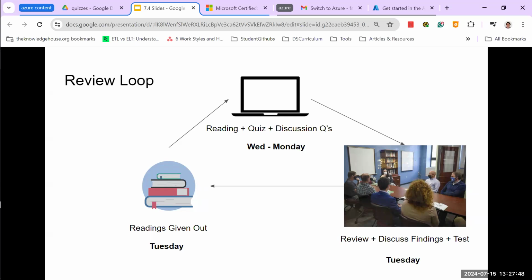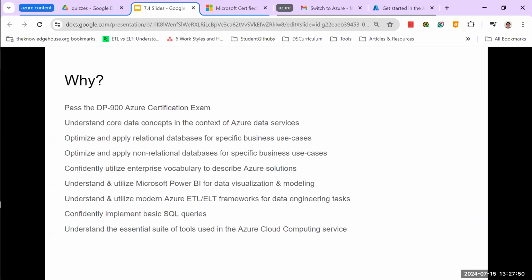Now, before we go any further, let's just talk about why. What's the purpose of this certification? What's the purpose of this course? Well, first off, a certification is basically designed for employers to be able to get information from a legitimate source that you actually know your stuff on a specific platform, such as Azure, AWS, Python, et cetera.